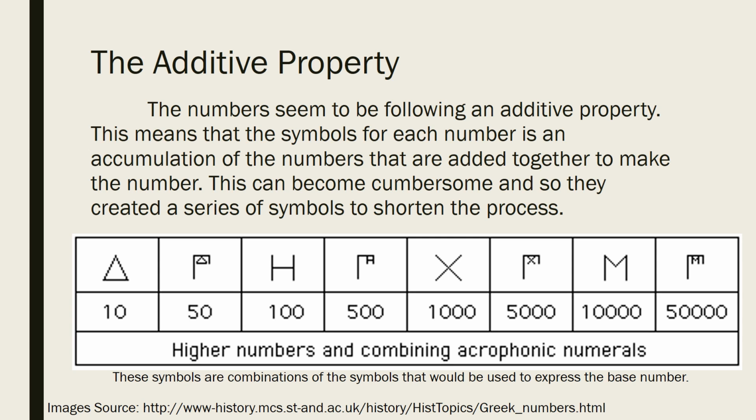But eventually, these numbers can become very cumbersome, and they would take up quite a bit of space. So every so often an integer would be chosen, and they would combine symbols for them. Like 50 has the delta inside of a penta symbol. 100 obviously already had its own symbol, but if you go up to 500, it has that H up into the 5 symbol, so that you understood that meant 500.